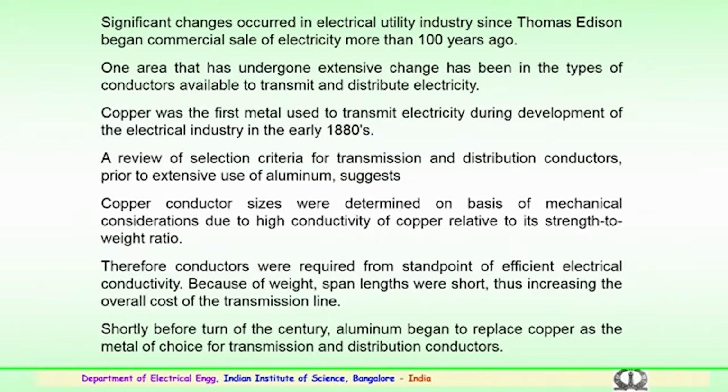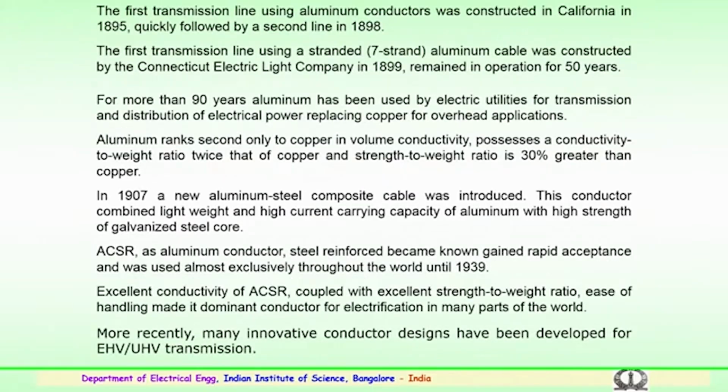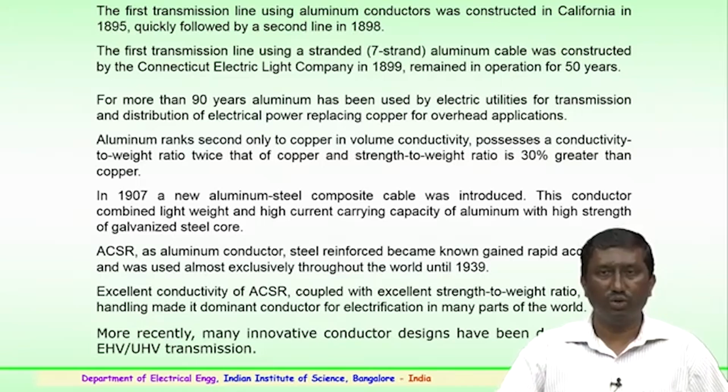So, shortly before the turn of the century, conductor manufacturers and the utilities planned and started replacing copper with aluminum, which is the metal of choice for the transmission and distribution industry. The first transmission line using aluminum conductors was constructed in California in the year 1895.